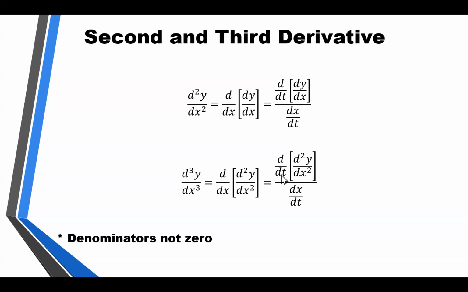And in order to do that, I take a derivative with respect to t of the second derivative divided by the derivative of x with respect to t. So it's always the derivative of the previous one divided by dx dt.